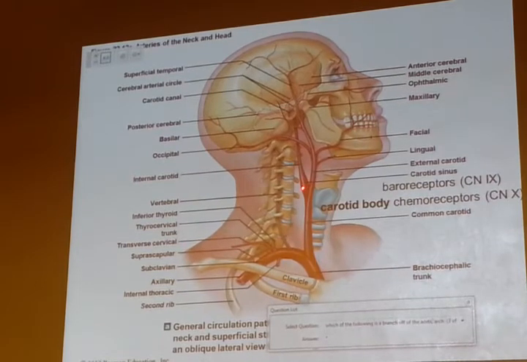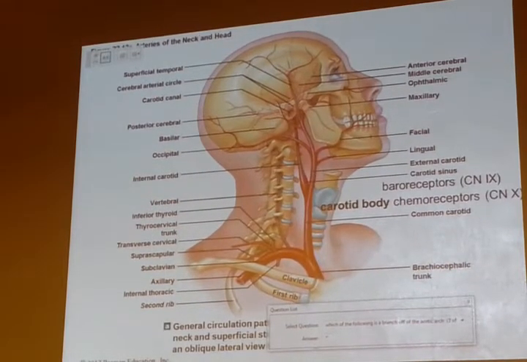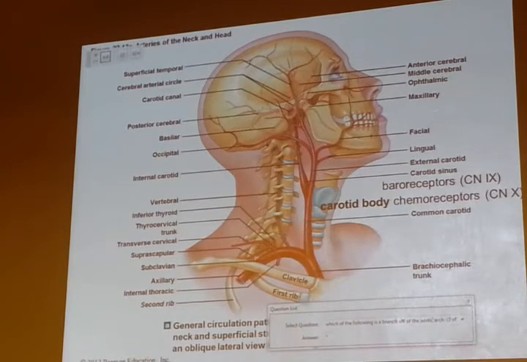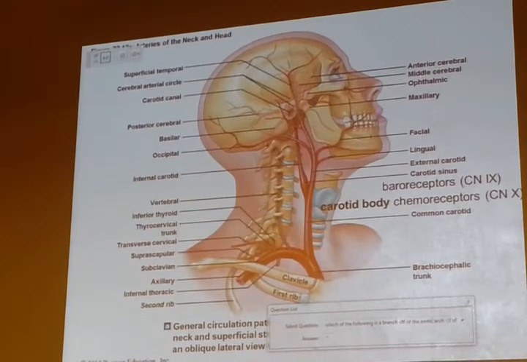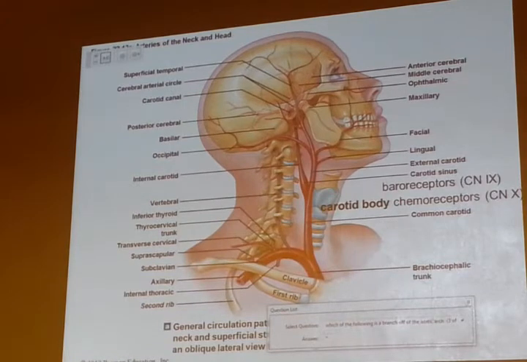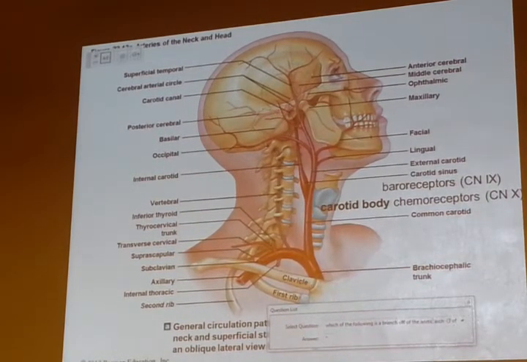The internal carotid is going to have a dilated area, and that's called a sinus. It's called the carotid sinus. That has a pressure sensor function. It's a mechanical stretch receptor located in the wall of the blood vessel. It's looking to see, is the blood pressure that's coming by going up above what's normal, or is it going down below what's normal?